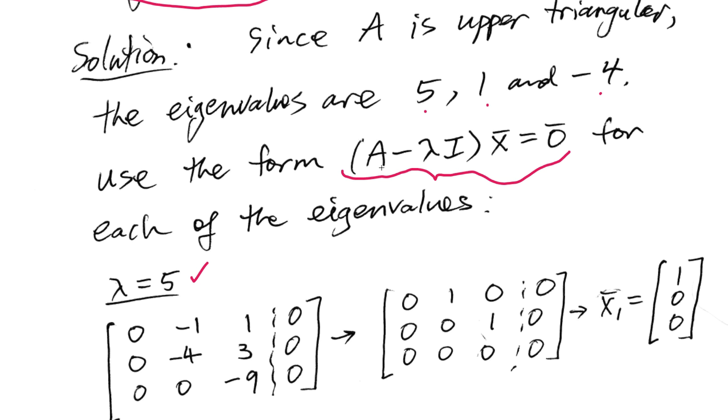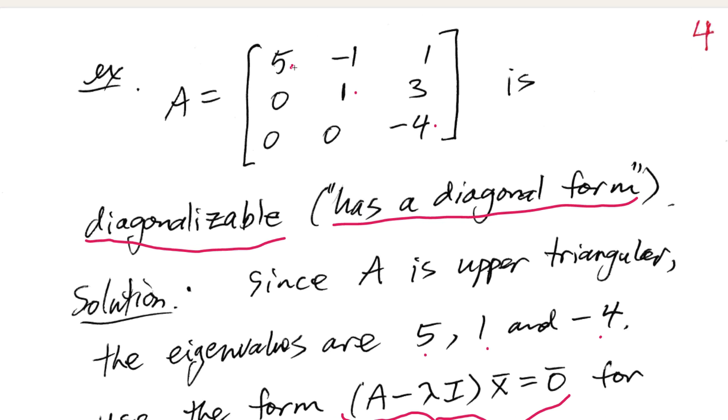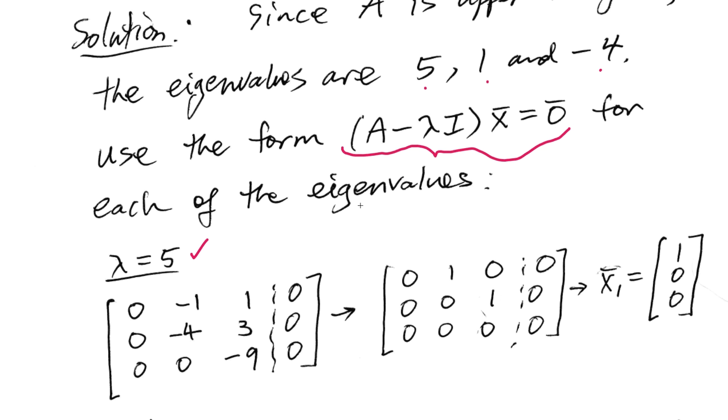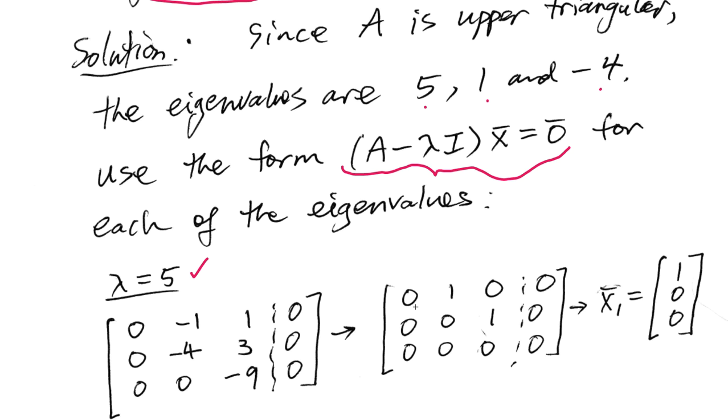So what am I going to do? I'm using this formulation, A minus lambda I. I'm just subtracting lambda all the way down the main diagonal, and otherwise leaving this alone, and that's being set to 0. So what you would get is the following: 0, -1, 1, and then 0 on the other side; 0, -4, 3, 0 on the other side; 0, 0, -9, 0. Then I went to row reduced echelon form, and I get 0, 1, 0, 0; 0, 0, 1, 0; and then 0s at the bottom here.